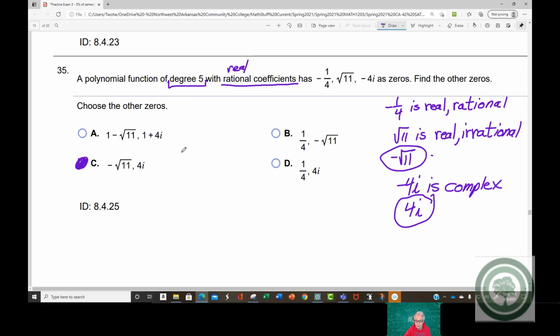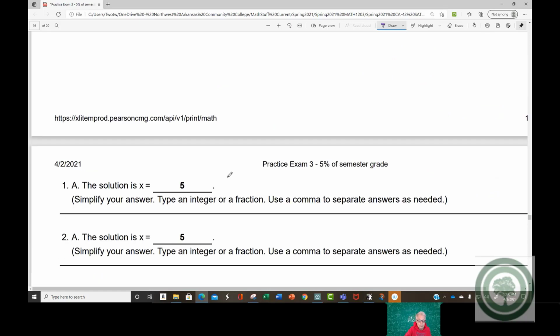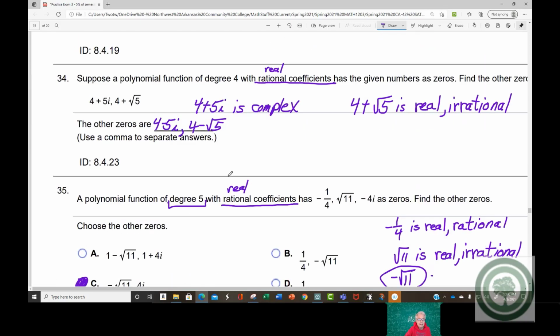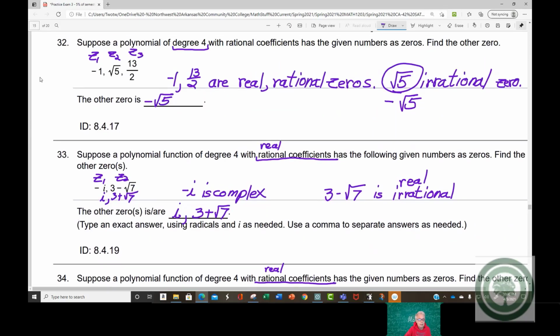Okay, ladies and gentlemen, we have gone through the entire practice exam. Unbelievable as that is.